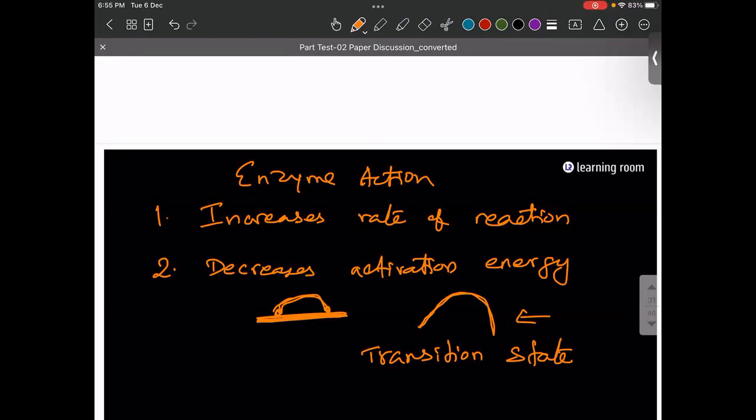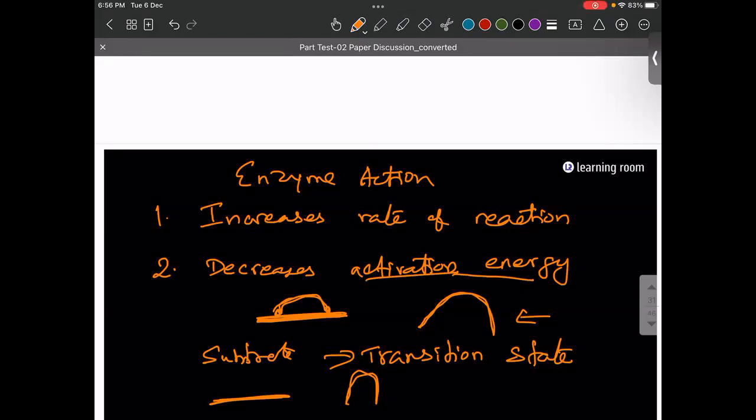In the sense, to break a rod, you need more energy. Activation energy means the energy required for bringing the substrate to transition state. Substrate or the original state is this. Transition state is this. To bring the substrate to transition state, you require energy. That energy is called what? Activation energy.